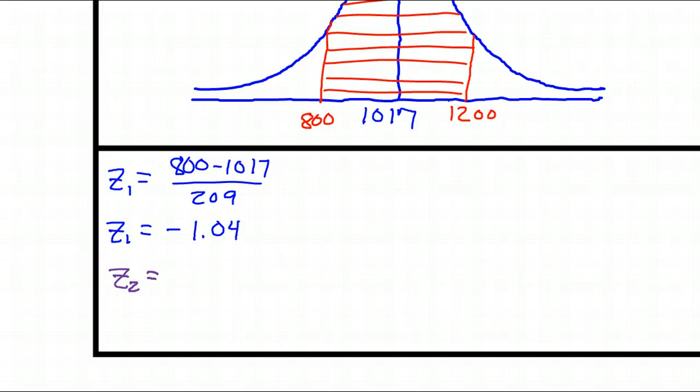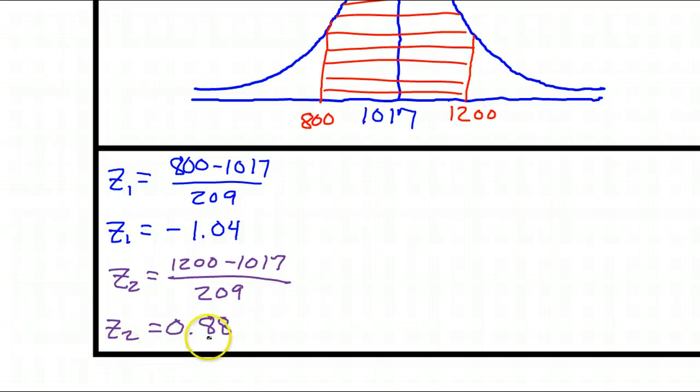All right, now z2 is going to come from the 1200. So we're doing 1200 minus 1017 divided by 209. Okay, let's see what that is. All right, I'm coming up with 0.88. Again, this was 875, so I had to round this up to an 8.